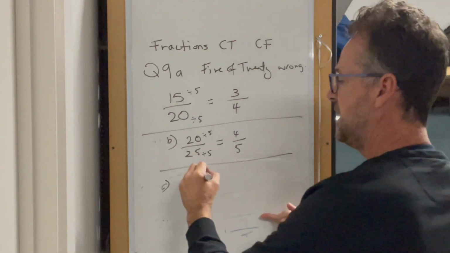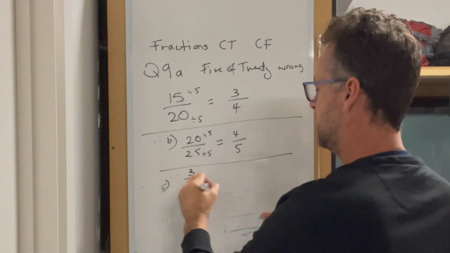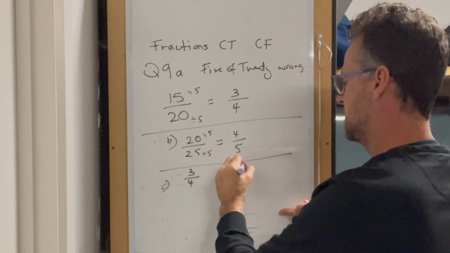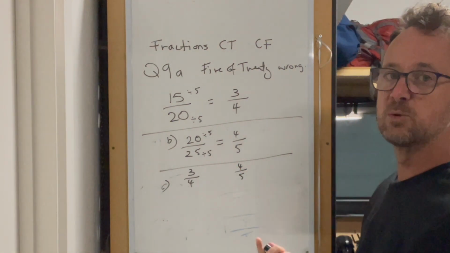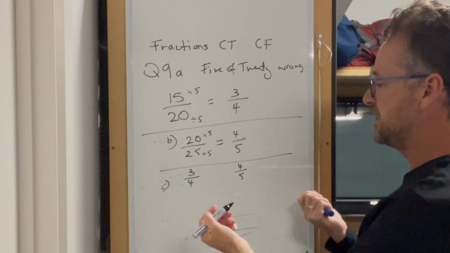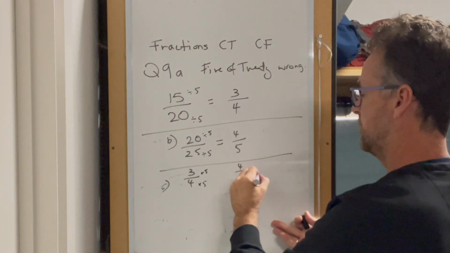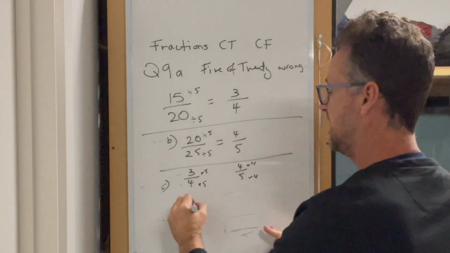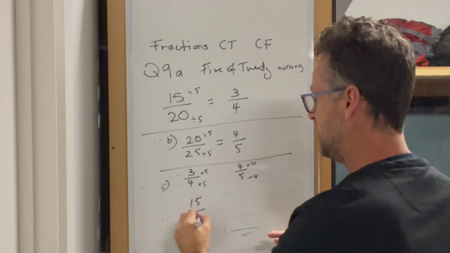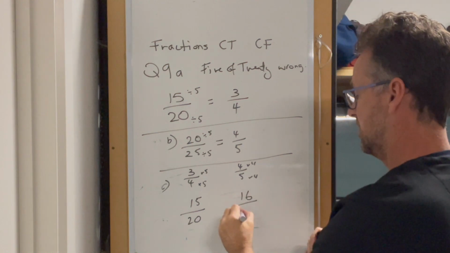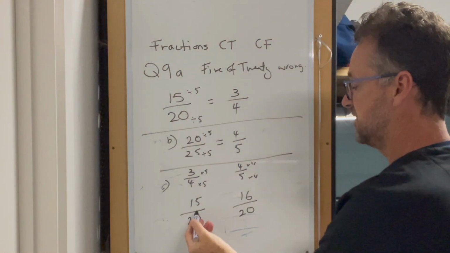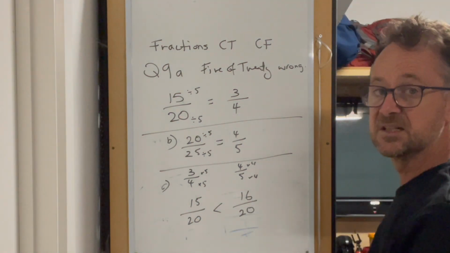What I would do here is write down 3/4 and 4/5, and we're going to look for common denominators. The common denominator here is 20, so times by 5, times by 5, times by 4, times by 4. That gives us 15 over 20, and this one 16 over 20. And we can say that 15 over 20 is less than 16 over 20.